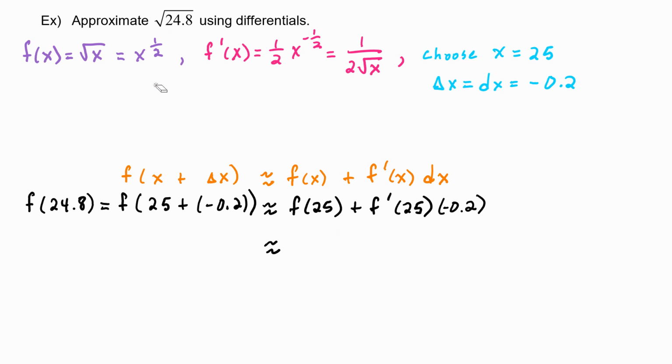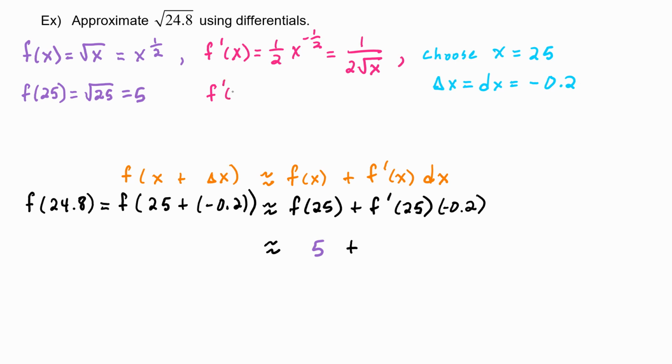Well, if we come back up here to our definitions, f of 25 is going to be the square root of 25, which we know is 5. And we will add to that f prime of 25. Come back up to our definitions.